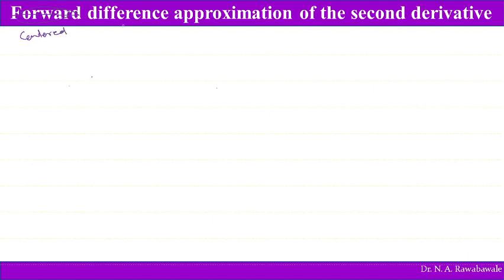In this centered difference approximation, first we write the forward difference formula for the Taylor series, that is f of xi plus 1 is equal to f of xi plus f dash of xi into h plus f double dash of xi h square divided by 2 factorial, and so on.